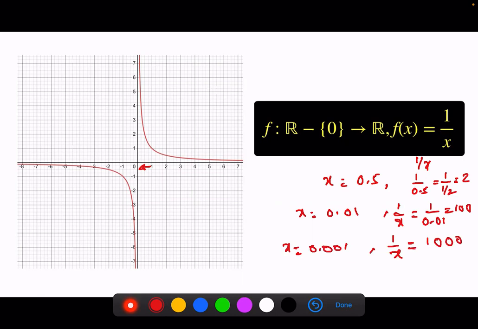So as you get closer to 0, your y values are becoming very large. And as your x increases, because you are dividing 1 by x, if x is a very large number, the value of the function will become 0.